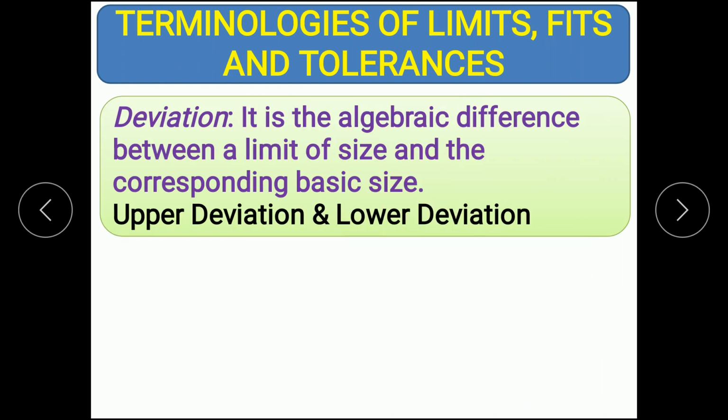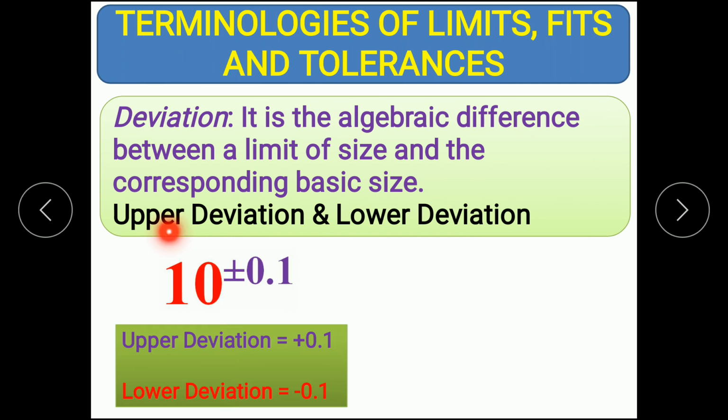Next is deviation. Deviation is the algebraic difference between a limit of size and the corresponding basic size. Take the example of one dimension of an object, 10 plus or minus 0.1. Here the upper deviation is plus 0.1 and the lower deviation is minus 0.1.